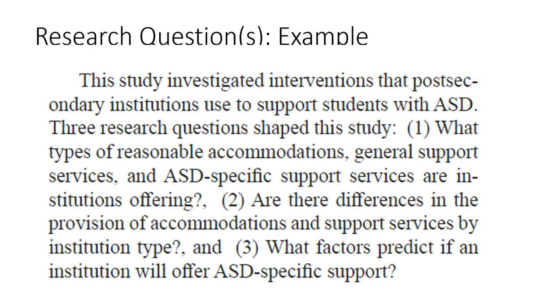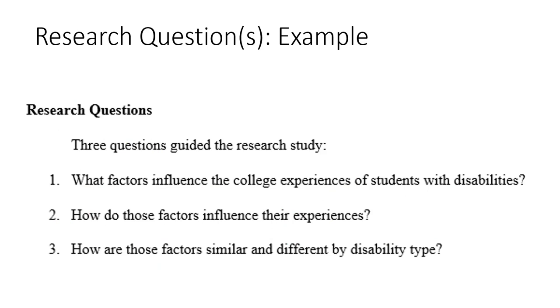The third example I would like to offer is from a qualitative study. And so this one is very, very simple in that we basically said 3 questions guided the research. What factors influence? How do those factors influence? How are those factors similar or different? And so this is a qualitative approach that's much more open-ended.